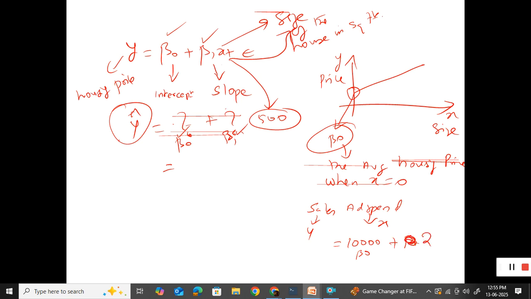We don't have to worry, we got these numbers from the model itself, from the software package. This month I'm not going to spend any money on advertisement. 2 into 0 is 0, and the beta naught is 10,000. This is estimated by my model.